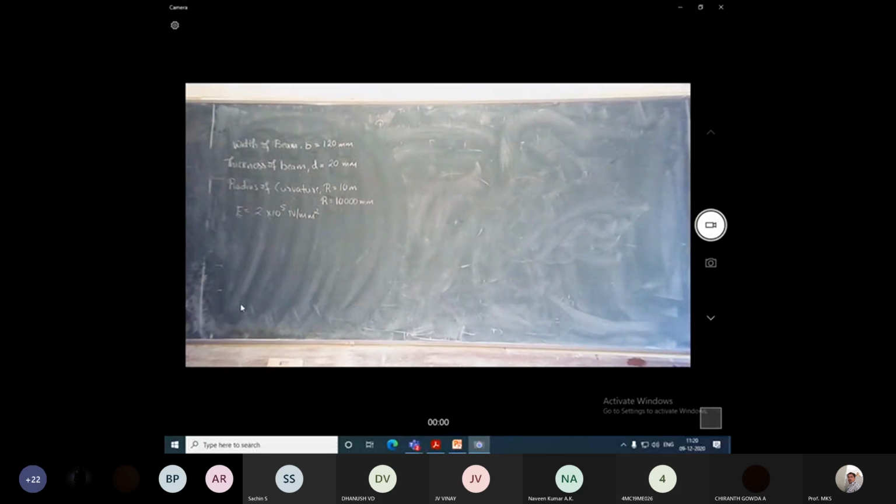You need to determine the maximum stress and bending moment induced in the beam. Maximum stress, that is sigma, you need to find, and bending moment. Right. So what is the equation that we derived?